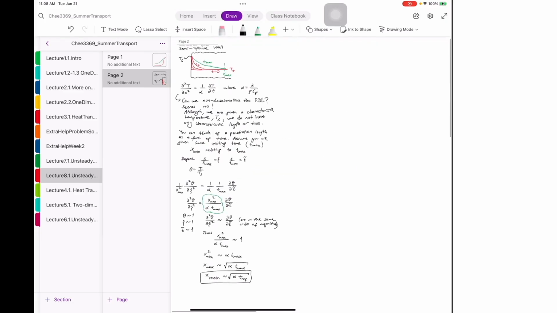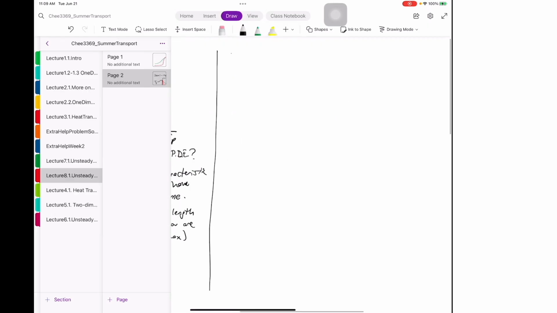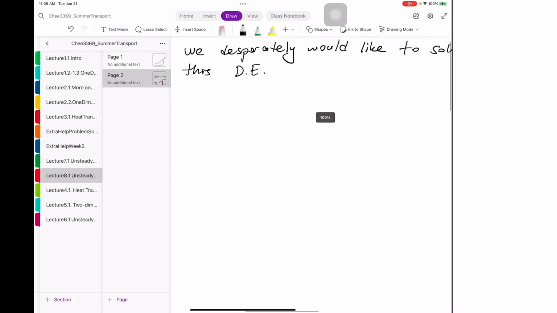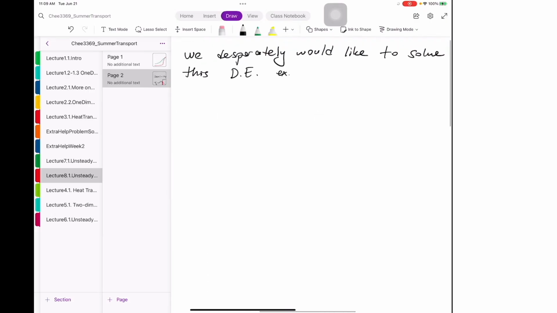But we still desperately want to solve this differential equation exactly, to have an idea about the temperature profile.